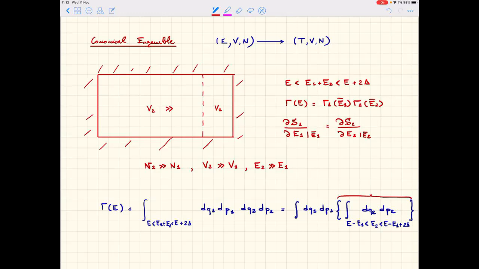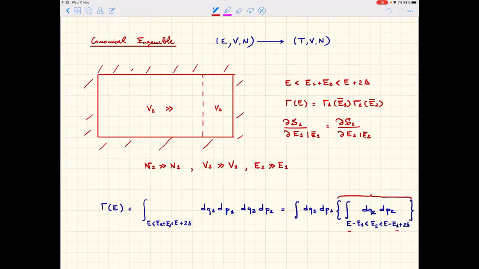Okay. So now this integral here, sorry? Yes. The first integral. What are the limits of the first integral? No limits. I'm integrating over the entire phase space. But I'm limiting myself in the second integral to these things. Okay?